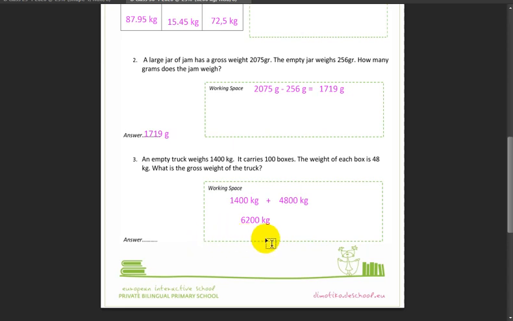You could write that vertically if you wanted to. There we go. And that's my answer. That is the gross weight. That is the weight of the truck filled with the boxes.